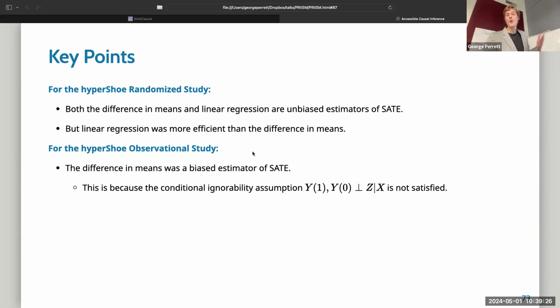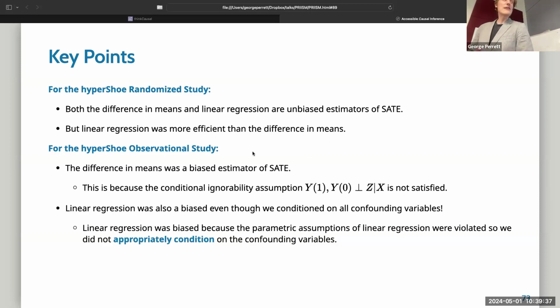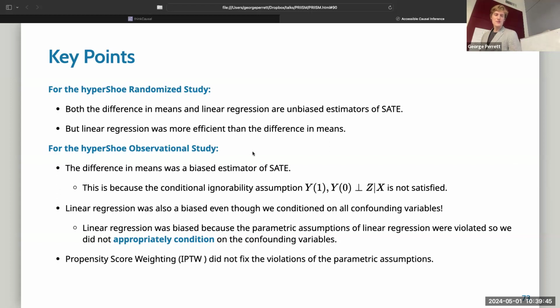We did not adjust for any confounders at all, and we know there's confounders. Linear regression was also biased, even though we conditioned on all the confounding variables. So even if we include all the confounders, we need to appropriately condition on all those confounders.